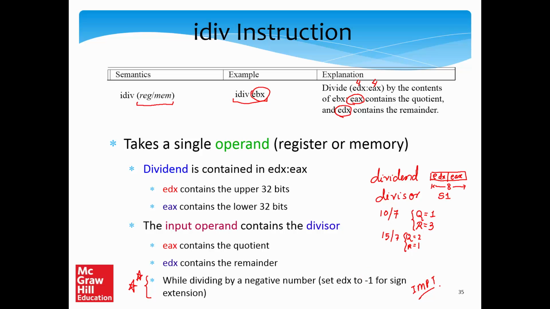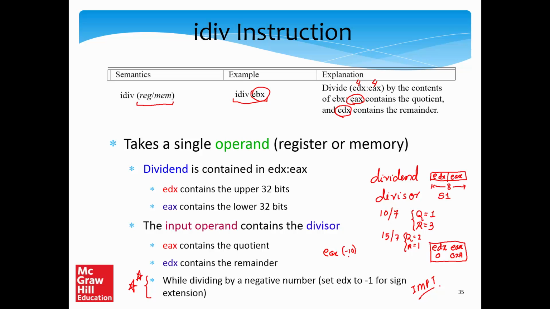The idea is, if the dividend is positive, let's assume the dividend is 10, then EDX would contain all zeros and EAX would contain 10, which in hex is 0xA. What if we have inside EAX minus 10?